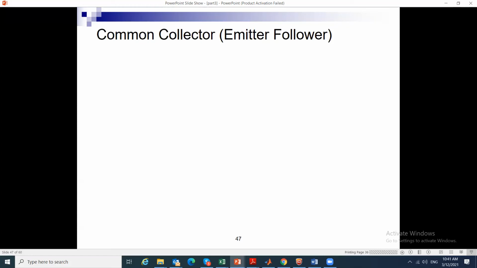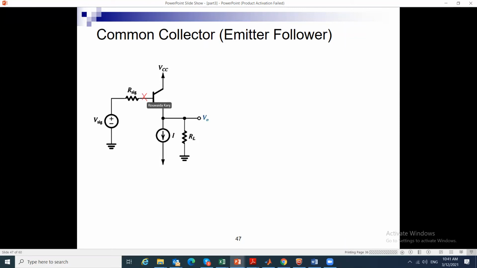In a similar fashion, just like I have the common drain, I have the common collector or the emitter follower. Why do we call it emitter follower? Because the emitter node follows the base node, and this will be effectively grounded.